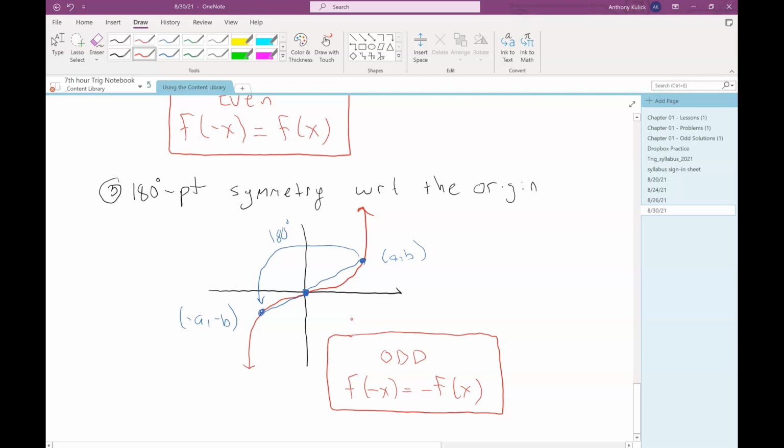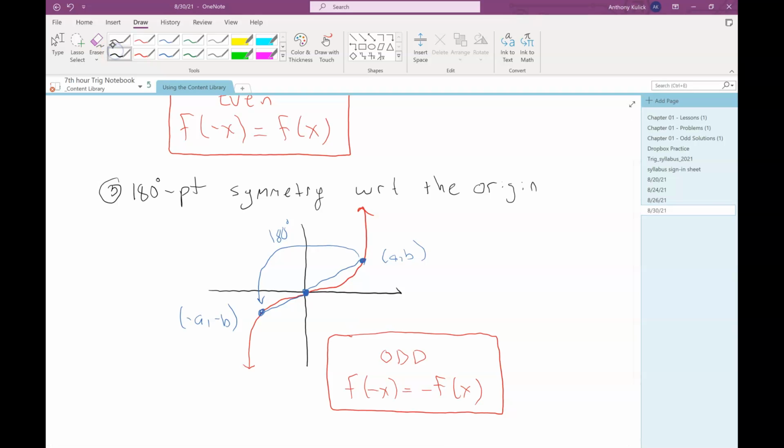So if we talk about a function being even or odd, we're talking about it having one of these two types of symmetry. It doesn't have anything in particular to do with the numbers involved. It has to do with the type of symmetry the function has. Okay?